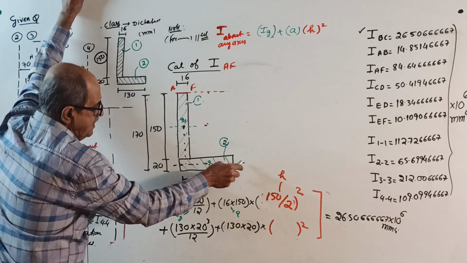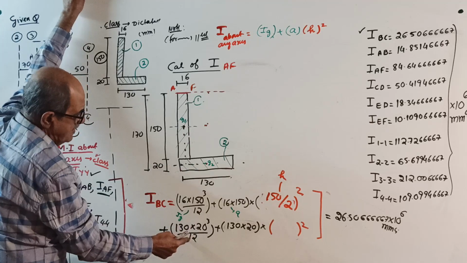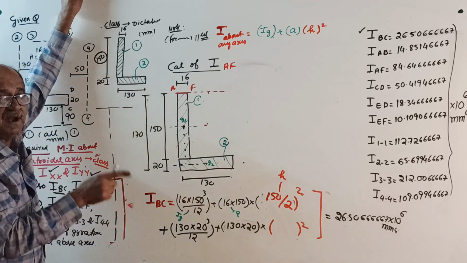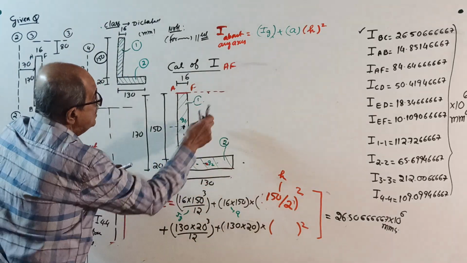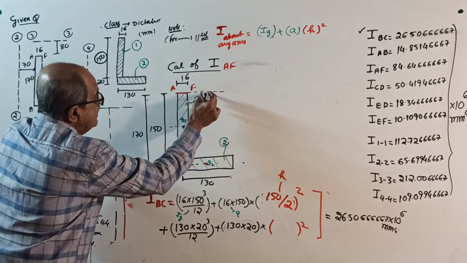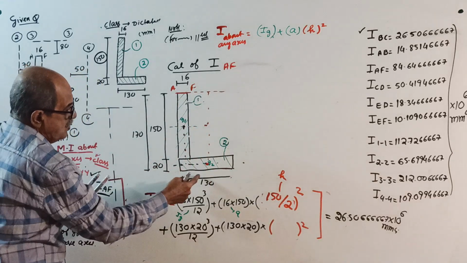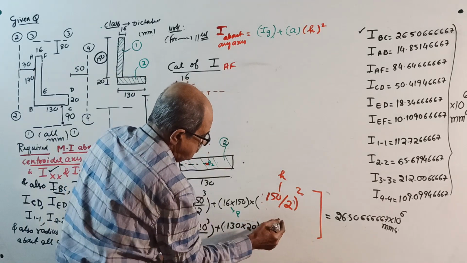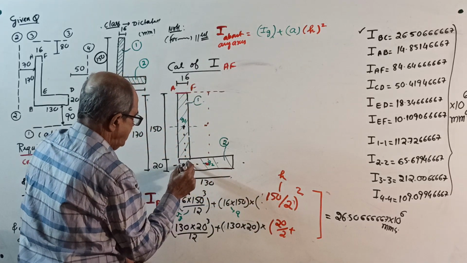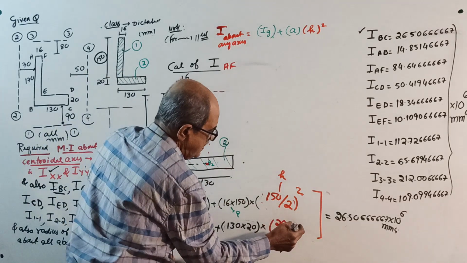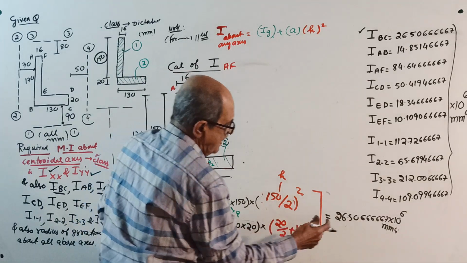Next, I about its own axis: 130 into 20 cube by 12. Write it once again. Plus area into the distance from the centroid to AF, see, this distance square. This distance is 20 by 2, 20 by 2 plus 150, 150 whole square. Calculate the answer.